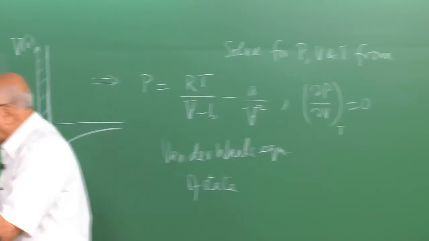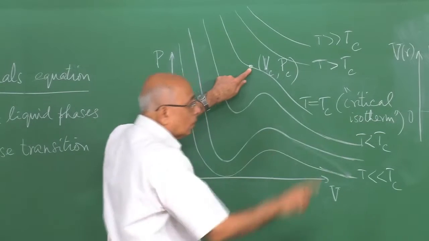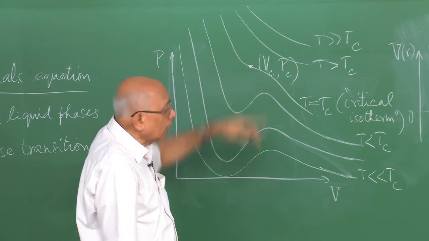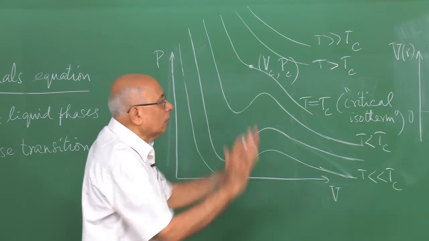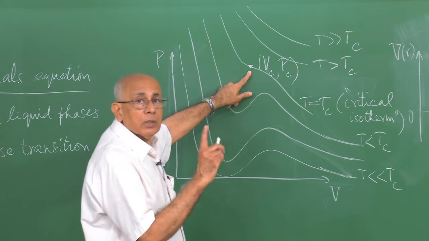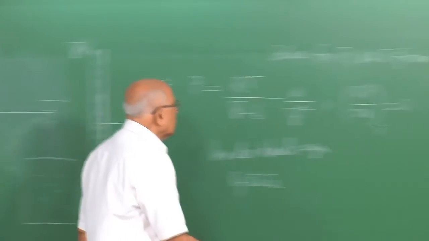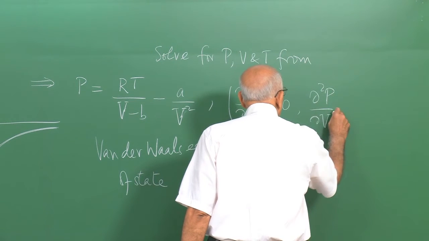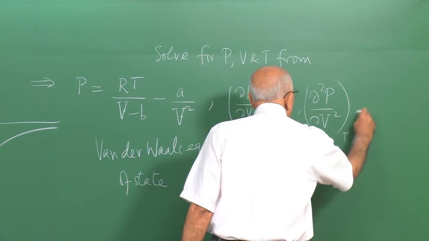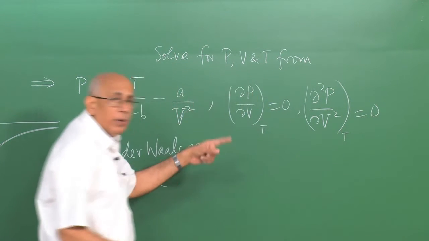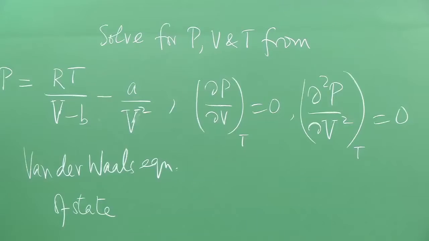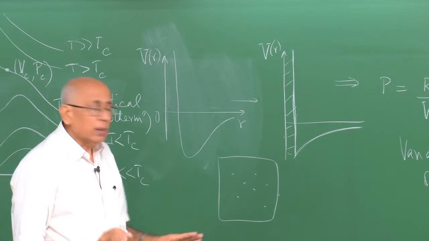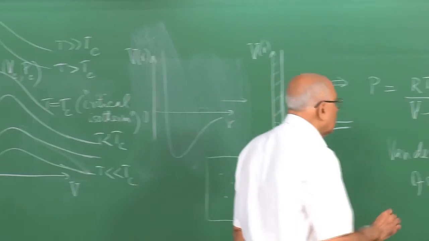This says the slope is 0 on an isotherm, so constant temperature, differentiate this equation of state with respect to V, you get an algebraic equation, put that equal to 0, and then the curvature is also set equal to 0. So solve for this from d2P over dV2 at T equal to 0. You have three equations between three quantities P, V and T, and therefore if there is a solution it is a unique one, and indeed it turns out there is a unique solution.